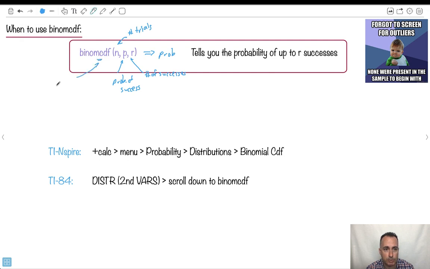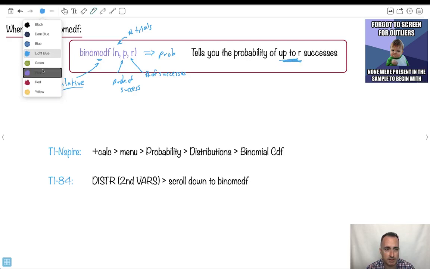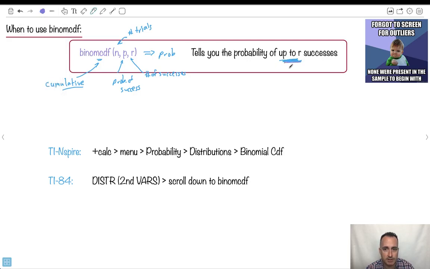C stands for cumulative distribution function. It's cumulative. What that means is it tells you up to r successes. This is the key distinction. So what we mean by this is, let's say I'm looking at the probability of 0 successes plus the probability of 1 success plus the probability of 2 successes plus the probability of 3 successes, for example.